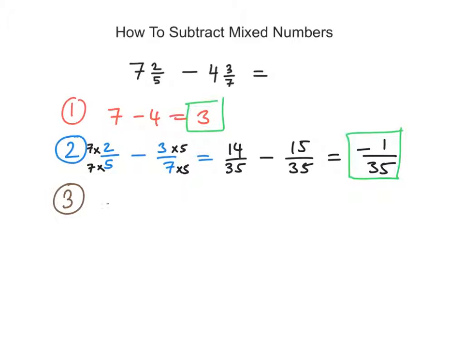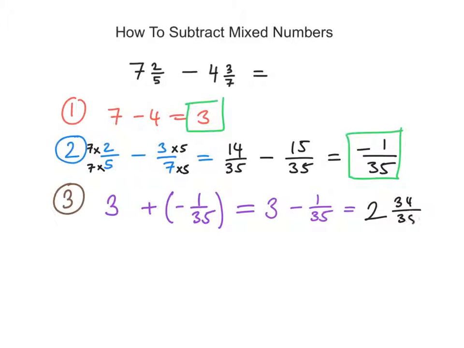Well, 3 plus the minus 1 over 35 is exactly the same as, plus minus makes minus, 3 minus 1 over 35, which is equal to 2 and 34 over 35.